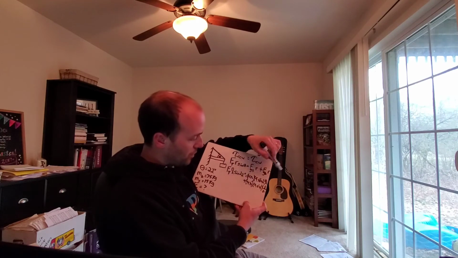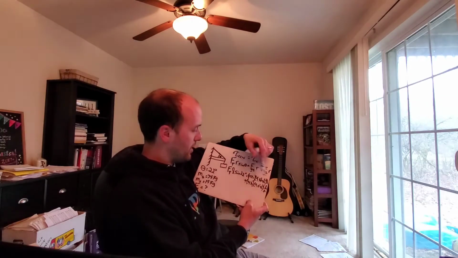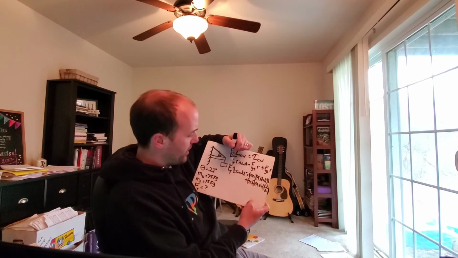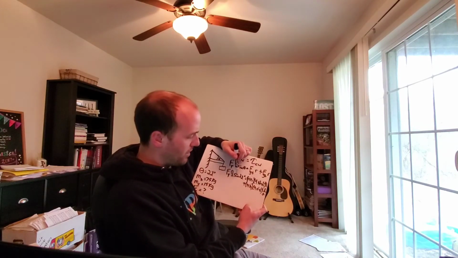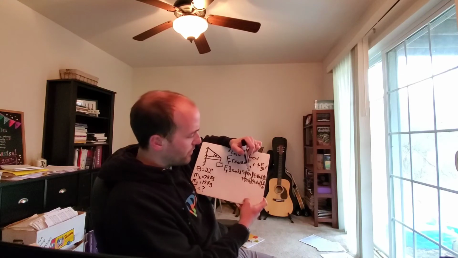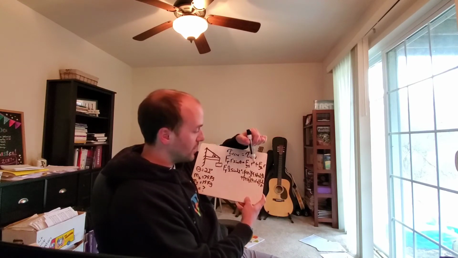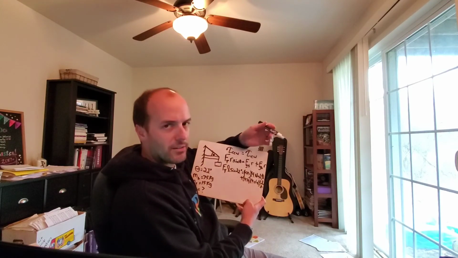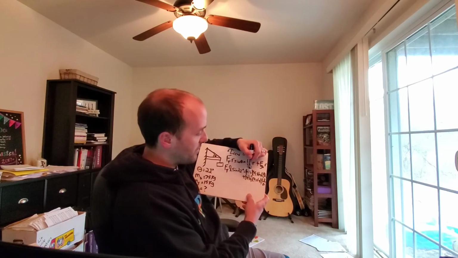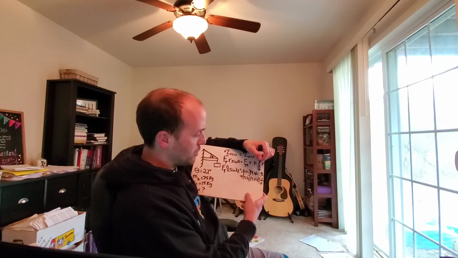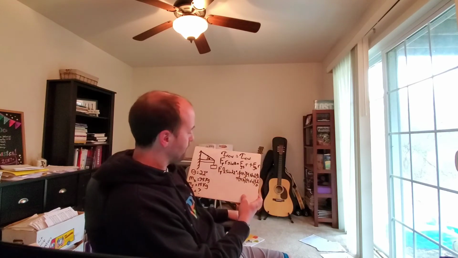So here's our setup. Again, I apologize that it's all in two different lines, but hopefully you get the idea. Force of tension, our unknown, times a still unknown length, times the sine of 22 degrees equals 15 kilograms times 9.81 meters per second squared times again our unknown moment arm, which is just the length of the beam, plus 75 kilograms times 9.81 meters per second squared times L over 2.